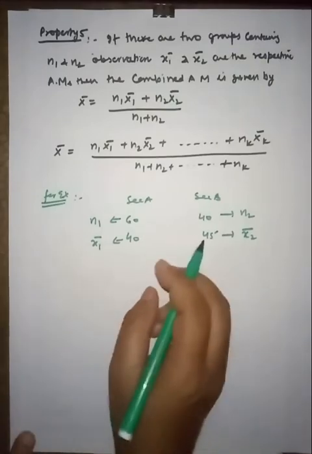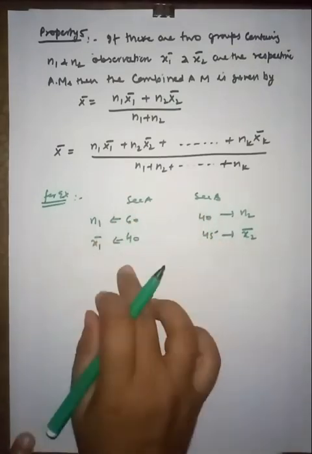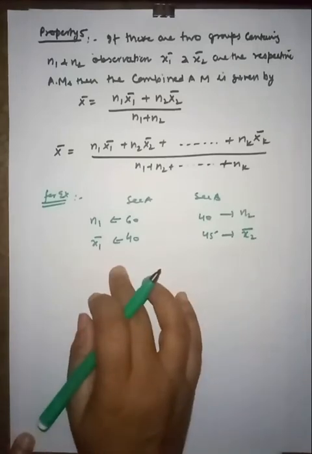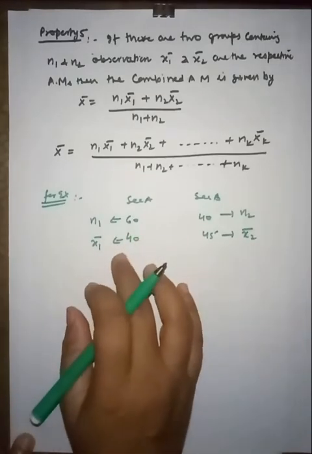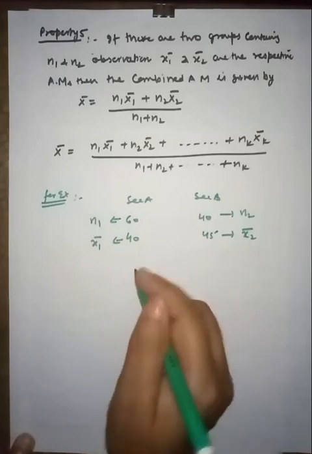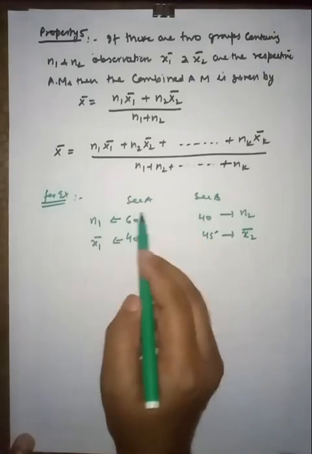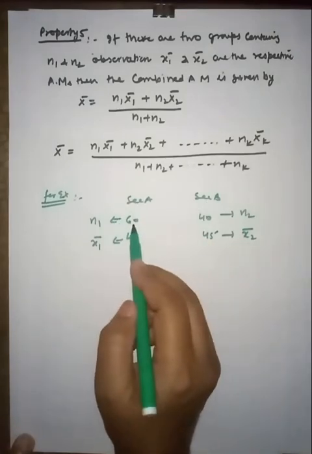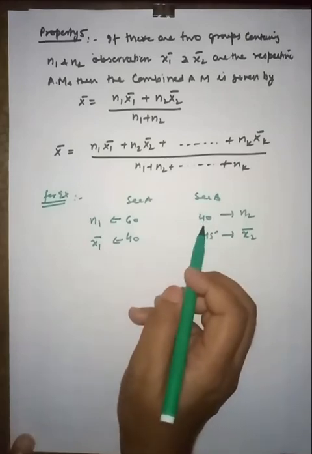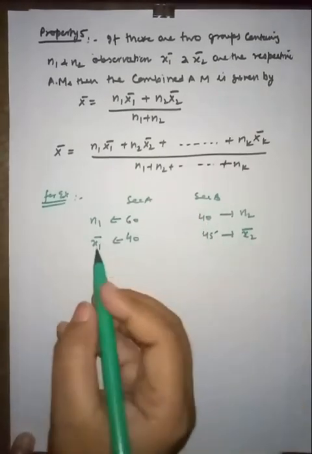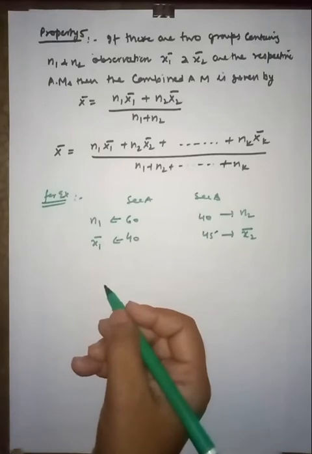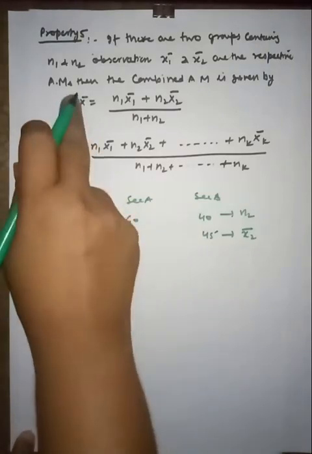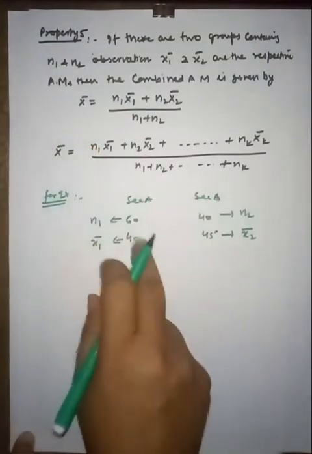Now the question is to find the combined mean of the total students, the 100 students, because in both sections the total is 60 plus 40, 100 students. So you find the combined arithmetic mean of both sections.